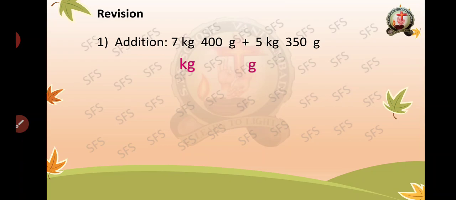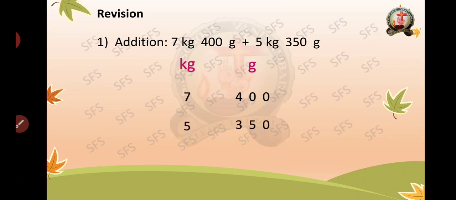After that, we have to place the values of each unit. We have the numbers for kg and for g, that is gram. So the first question is 7 kg 400 g, then 5 kg 350 g.